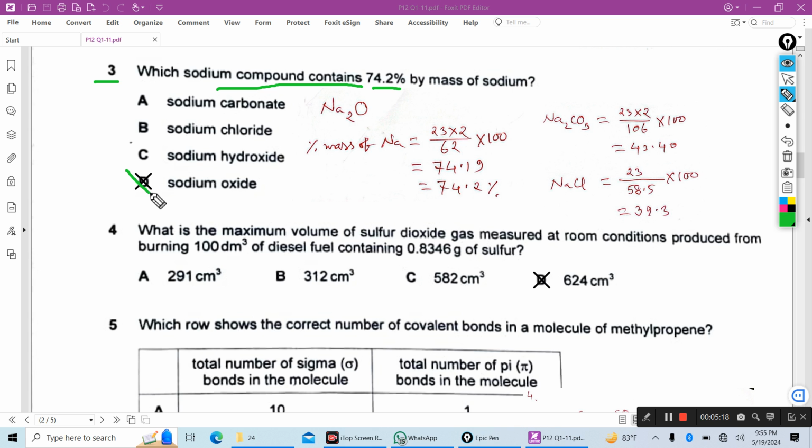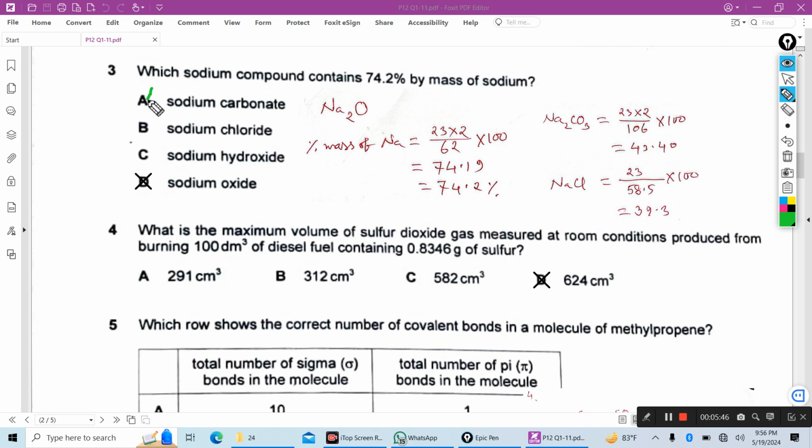This answer is D. If you calculate, you will see sodium oxide has total molecular mass 62. In 62, sodium has 2 atoms, so 23 times 2 into 100 percent. Then you will get 74.19, that means 74.2. So D is the correct answer.